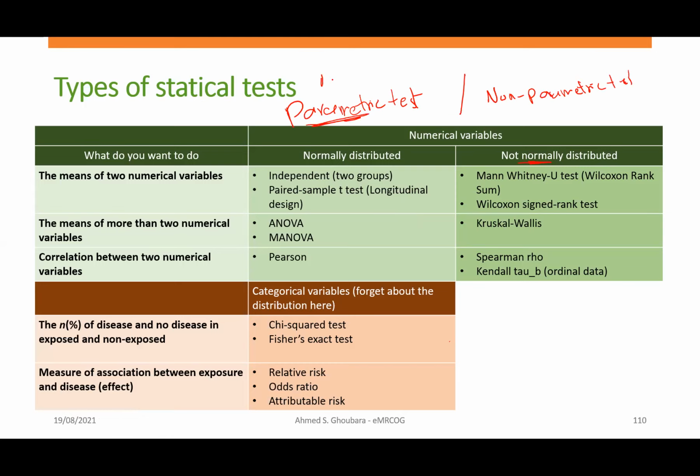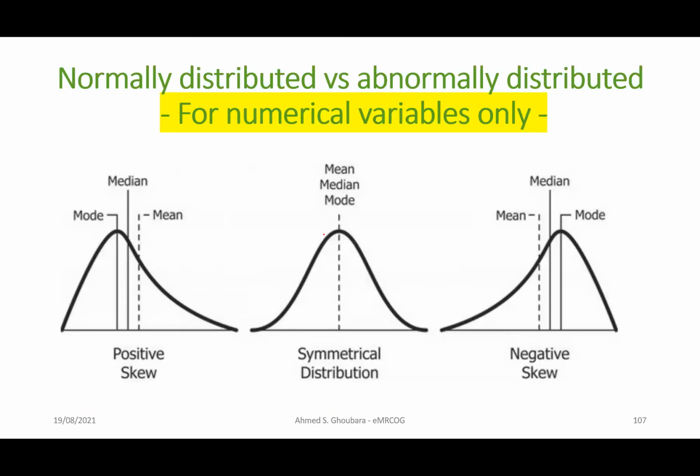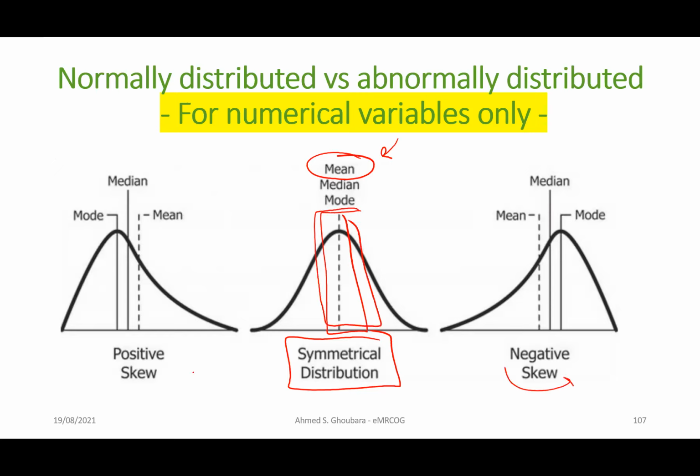Parametric means mean. So in the equations of these tests, we use the mean inside. As you can see from the normal distribution curve, the mean can represent the central tendency because the distribution is perfectly symmetrical, meaning that you can use the mean as a summary of the central tendency. But in the non-normal distributed curve, if the data is distorted like this, you cannot use the mean.